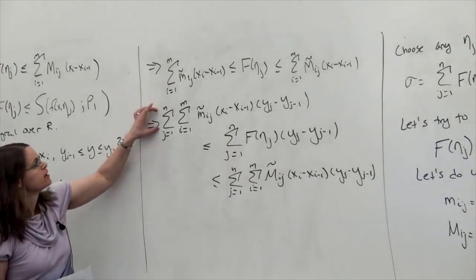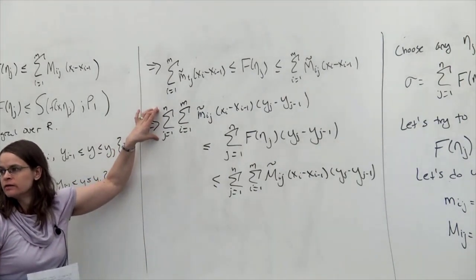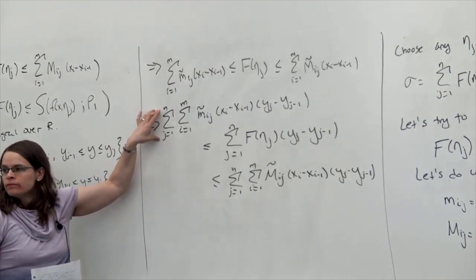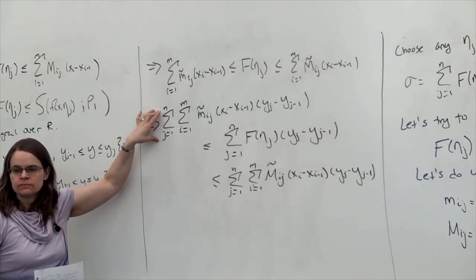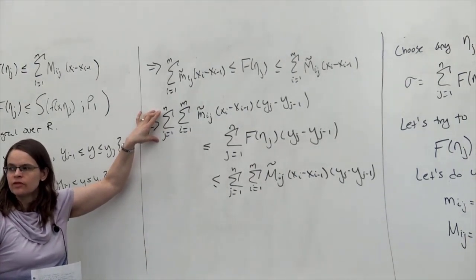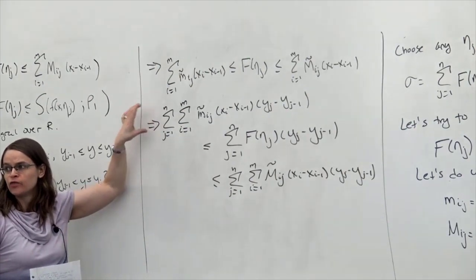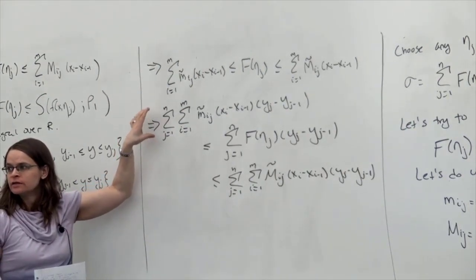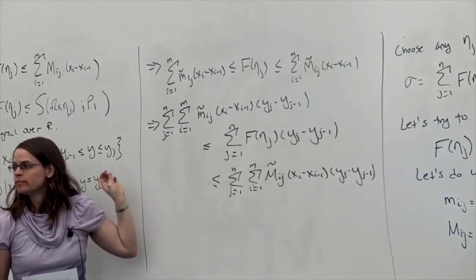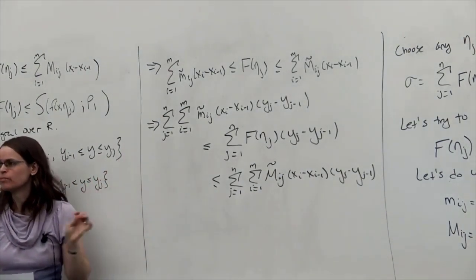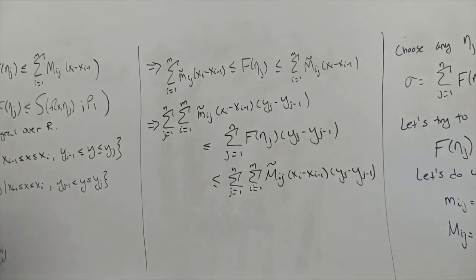All right, what's this quantity? What's another name for this quantity? The lower sum of f over what partition? P1, which one? The whole thing, exactly. P, the two-dimensional partition.